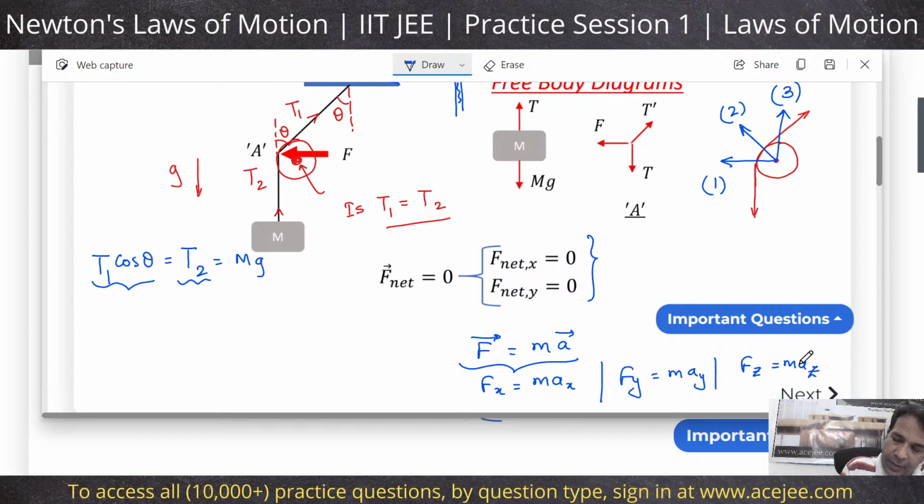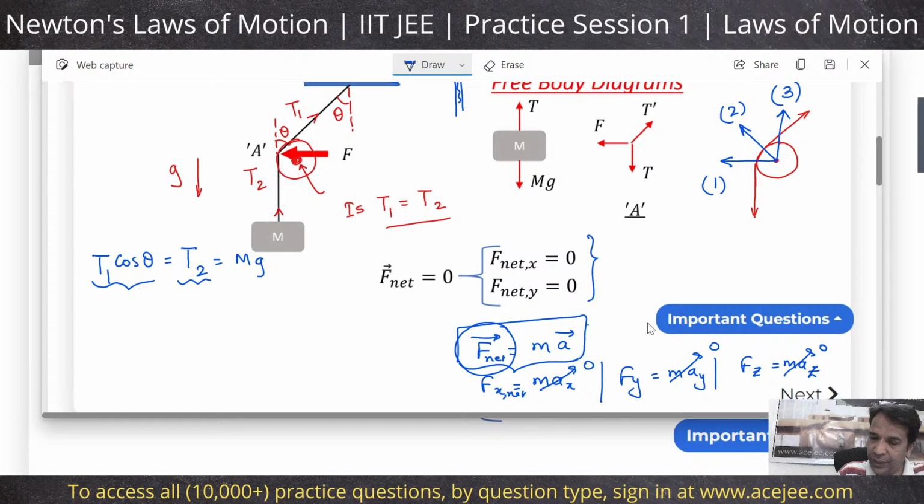Now, if the acceleration is zero, that is, if the body is in equilibrium, that means the right-hand side is zero, which means, by the way, this should be the net force. Whenever I write Newton's second law, it's always the net force on the particle equals mass times acceleration.